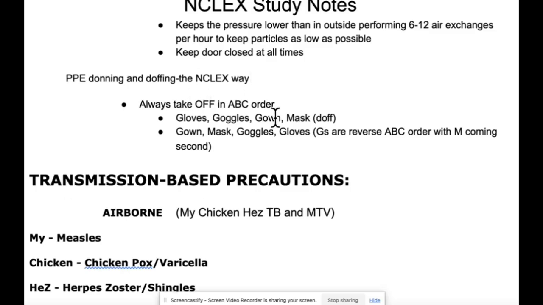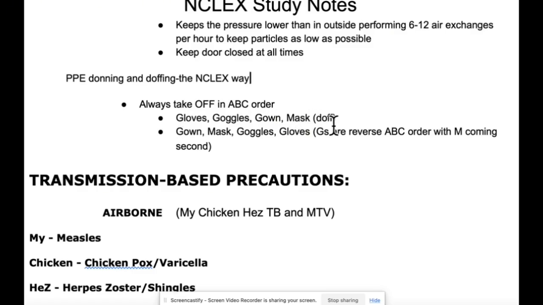All right, always take off in A, B, C order. And what's the alphabetical order here for doffing? PPE. All right, GLO, GOW, and mask, MAS. All right, so gloves, gown, and mask. This is how we're going to doff the PPE.